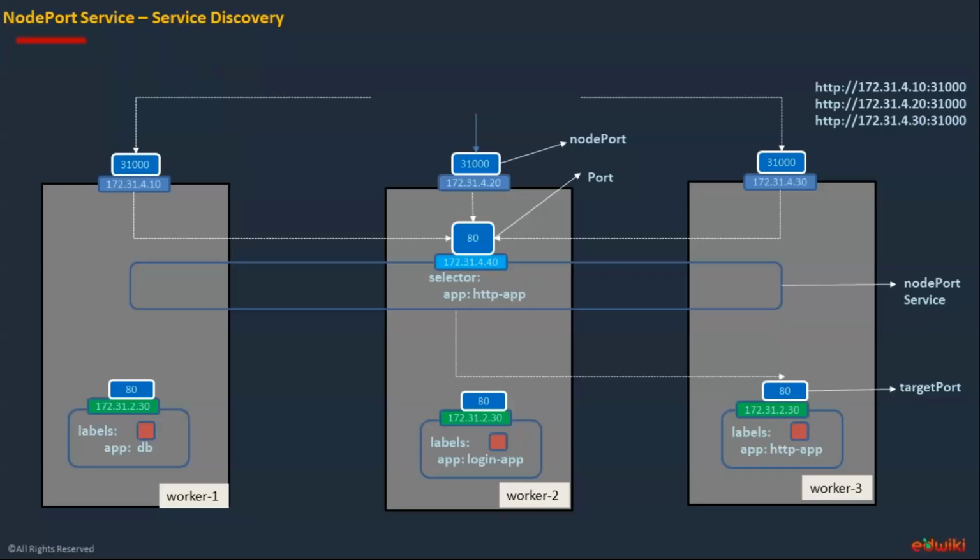Is it clear? You can send a request to worker node 1, and still you will get a response, though your application is running in worker node 3. Good with this? That's the reason you don't need to worry about which worker node the application is running in. No matter where it's running, you should be able to access it from any of the worker nodes. That's how it works as a Kubernetes cluster.